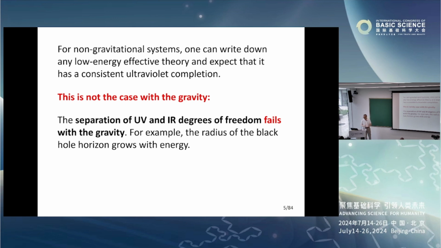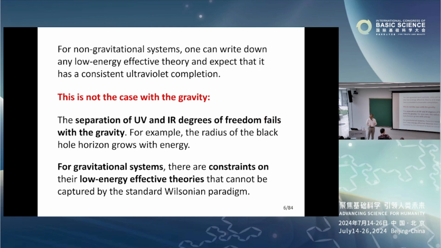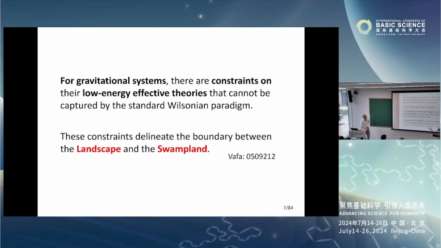For example, the radius of a black hole horizon grows with energy. This is contrary to the expectation that if you look at high energy behavior, then you look at short distance behavior. The black hole behaves differently. So this leads to the idea that for gravitational systems, there are constraints on the low energy effective theory that cannot be captured by the standard Wilsonian paradigm.